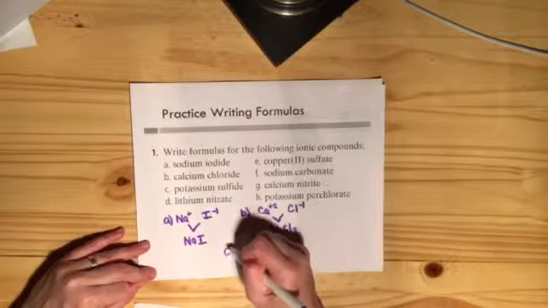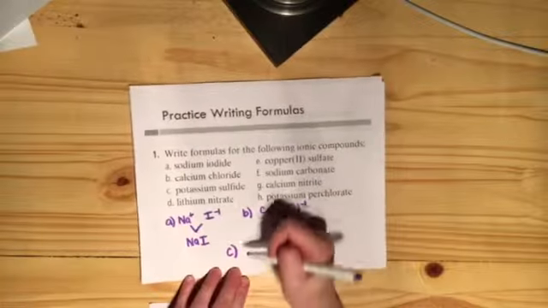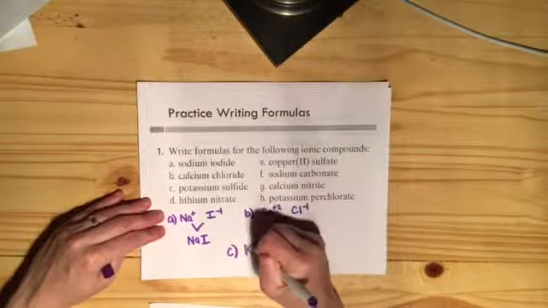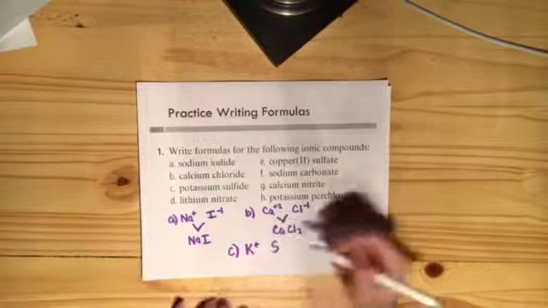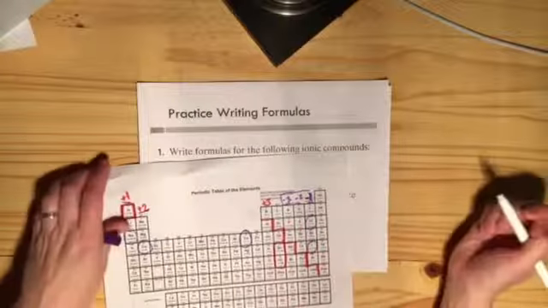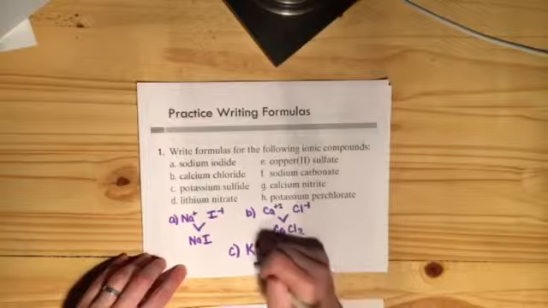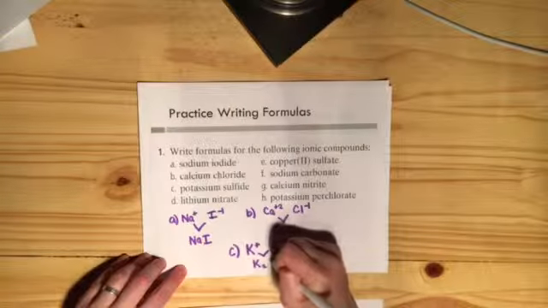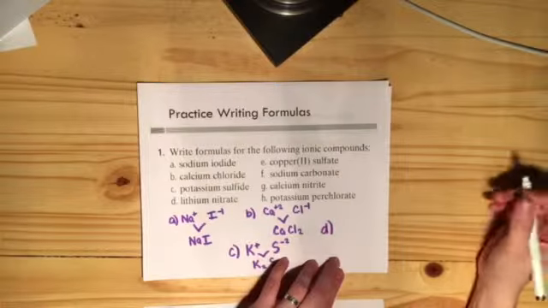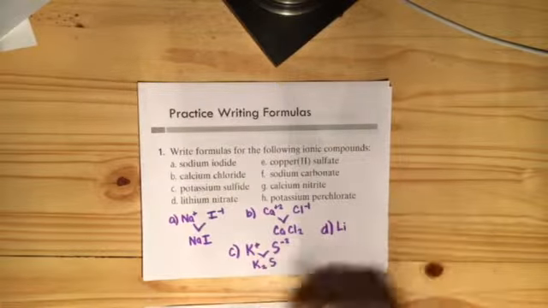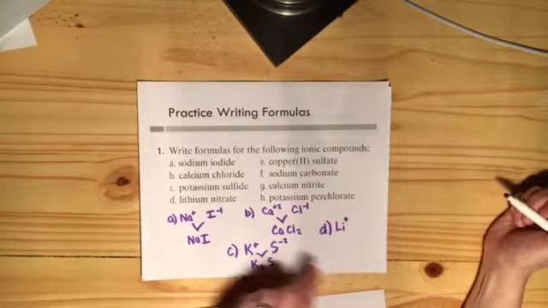C, I'm gonna run out of room, I'll get another piece of paper. And potassium sulfide, so potassium is K +1. Sulfide, sulfur, and it's in the -2 group, so -2. Put those together, do the swap flop, K2S.